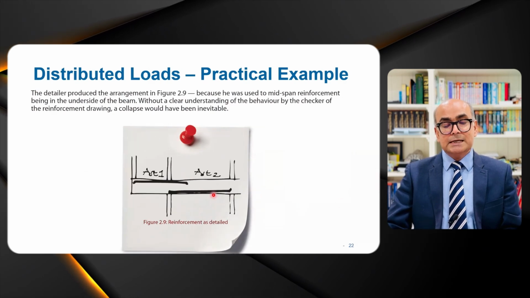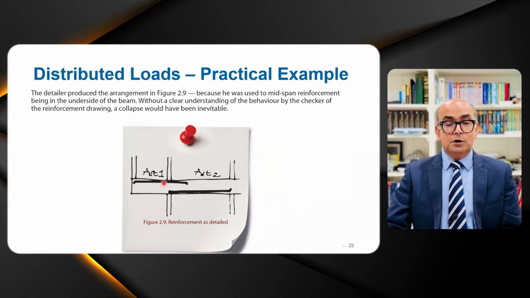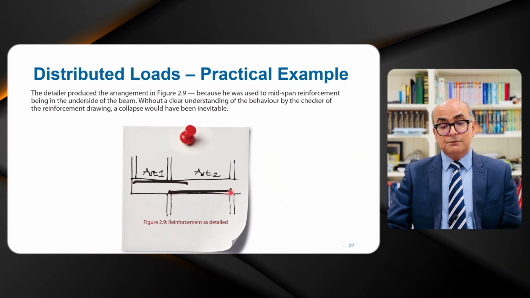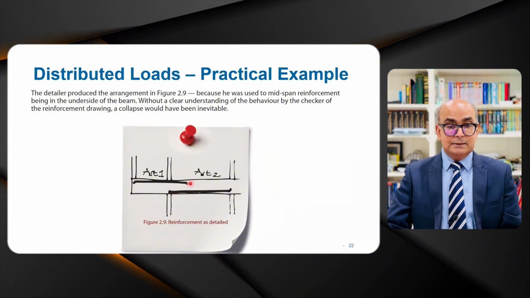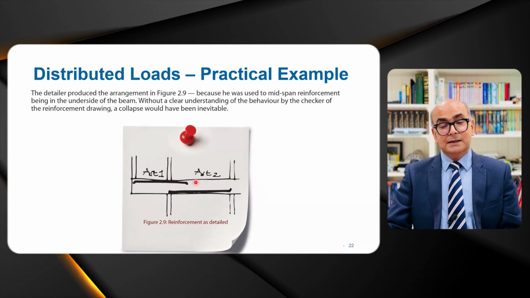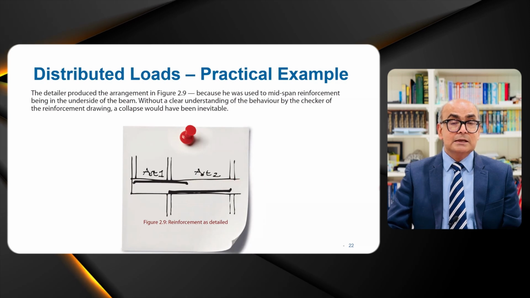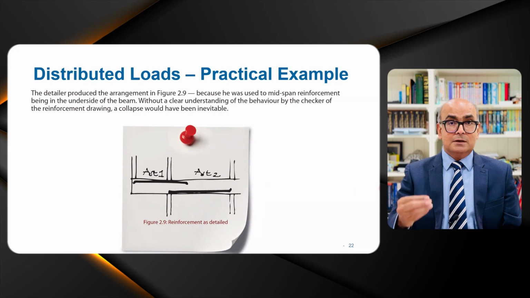So what the detailer did is provide the hogging reinforcement there, and then a positive reinforcement here, which is not needed. We need heavy negative or hogging bending reinforcement over here. So this was a miscommunication. Imagine if this had been built, it would lead to a disaster.